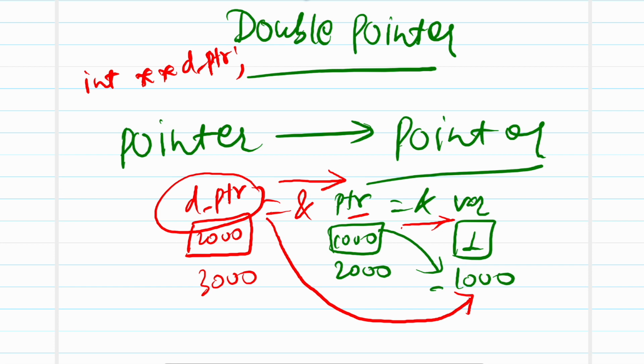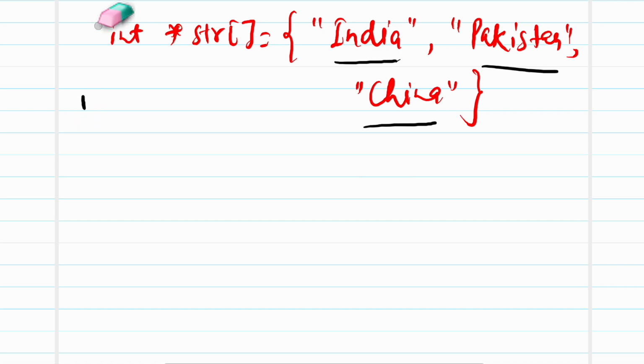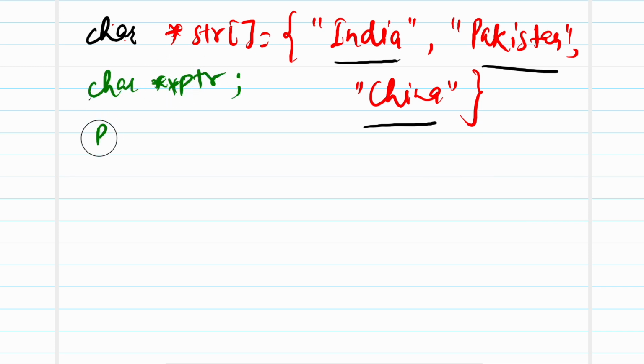This is mostly used in two-dimensional arrays. Let's understand this with an example. Suppose you have an array of strings which has 3 elements: India, Pakistan and China. This will be char because we are storing strings here, which we can store in a character pointer, right? Here I am taking a double pointer ptr where I'll store the address of the 0th string.